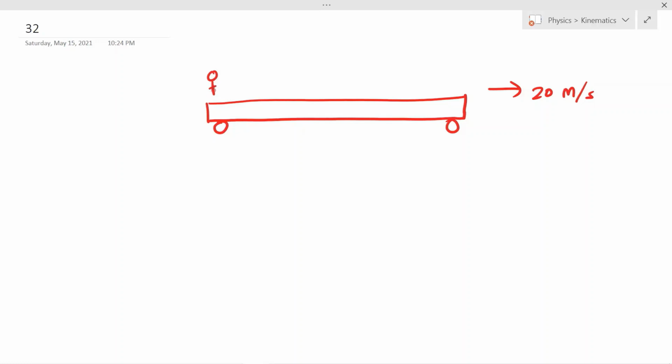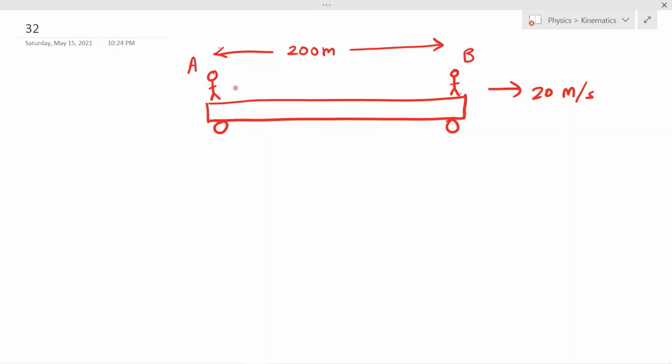And there are two persons standing at the ends of the trolley, and let's say the length of the trolley is 200 meter. Let's say this is person A and this is person B.